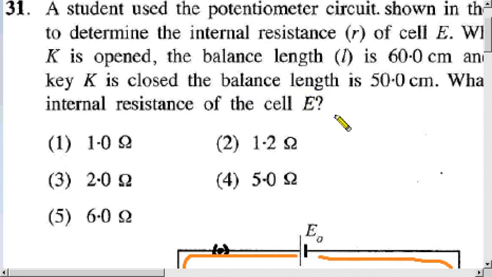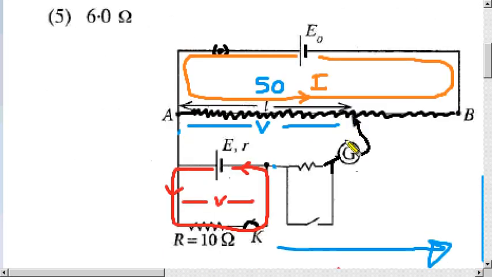So the balance length is given. At the balance point there is no current. If there is no current, there is no potential difference between these, delta V equals 0. If the potential difference is 0, then the potentials are equal, no difference, blue. Here also the same.